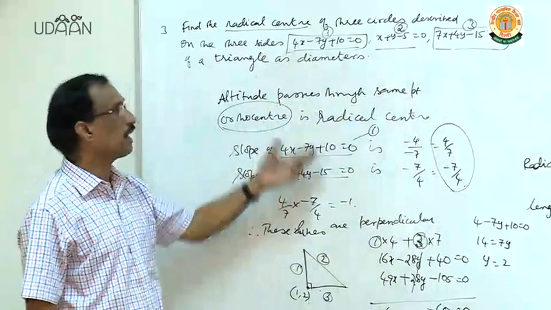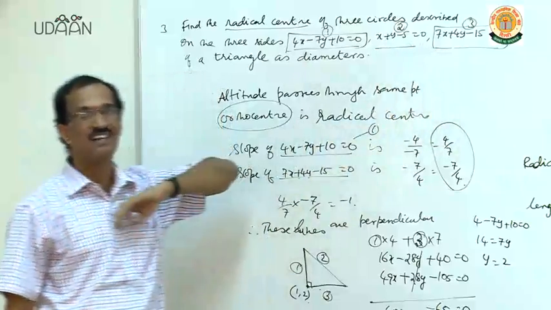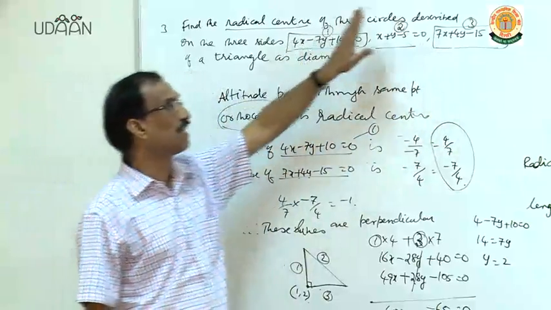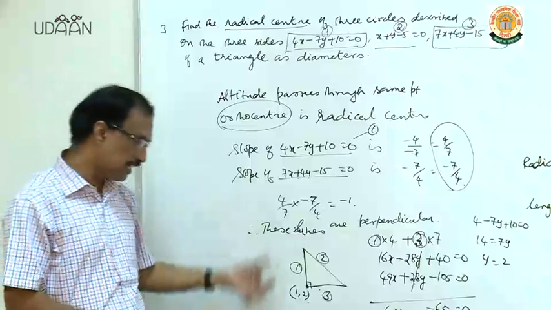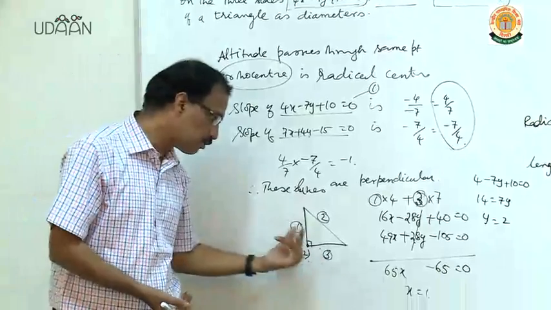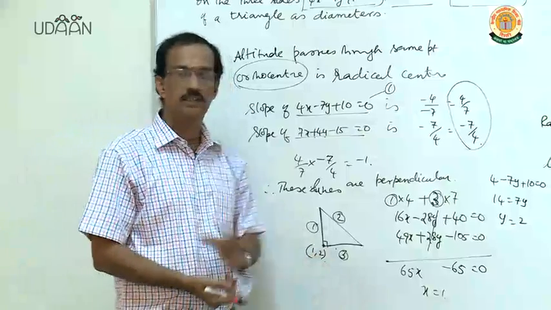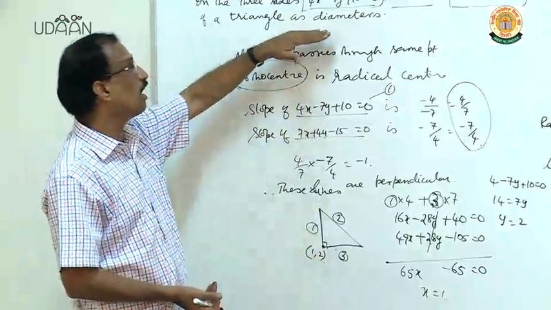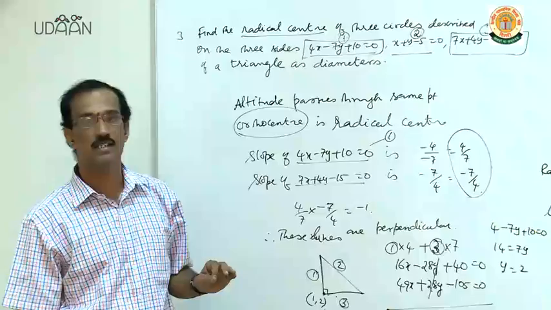Here a right angle triangle is formed, because the first and third equations are perpendicular to each other, so we found the orthocenter where these two lines intersect. That point is 1, 2. So, this is your orthocenter, or we can say the radical center of the required circles.